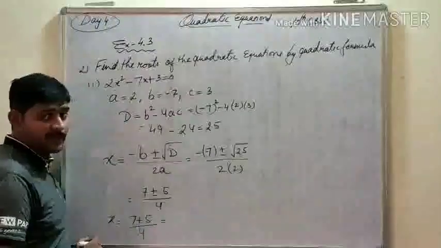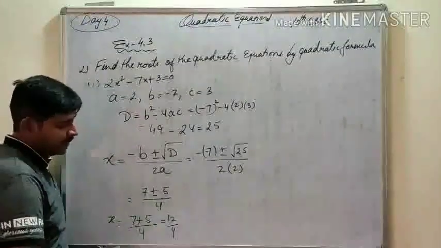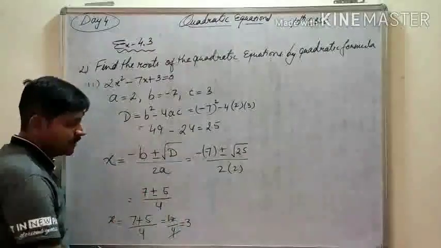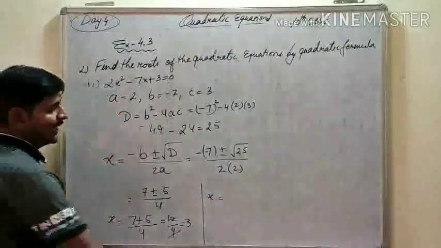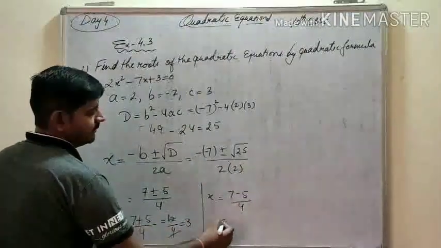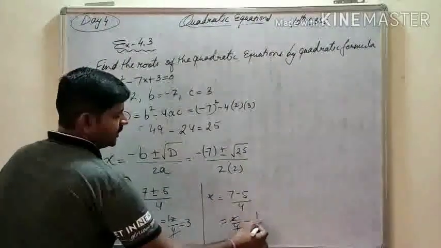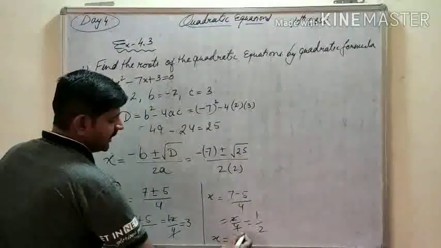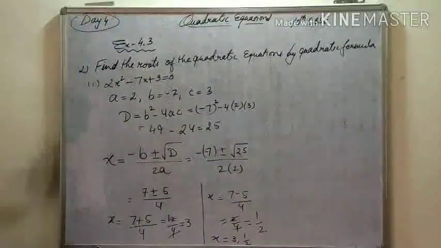So 7 plus 5 is 12 upon 4. If we cut 4 and 12, we get 3. Similarly, if we take negative 5, there will be 2 upon 4, which is also divisible, and we get 1 upon 2. So finally x equals 3 and 1 upon 2. Please write it, then we will take the next part.